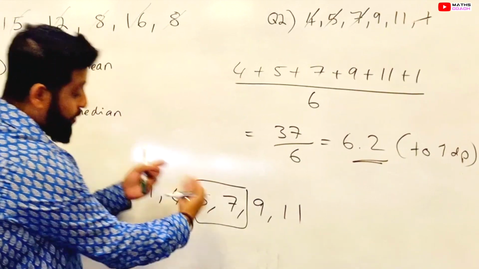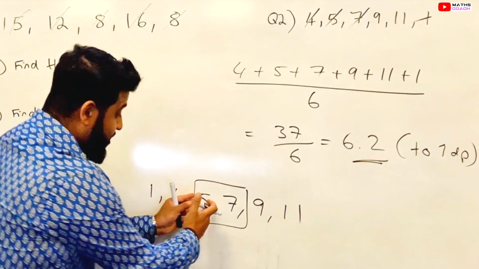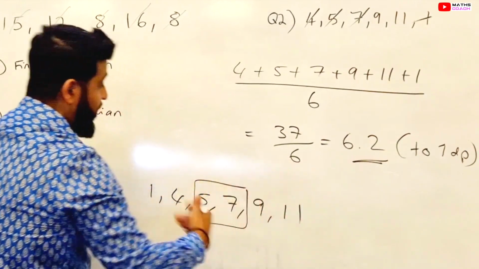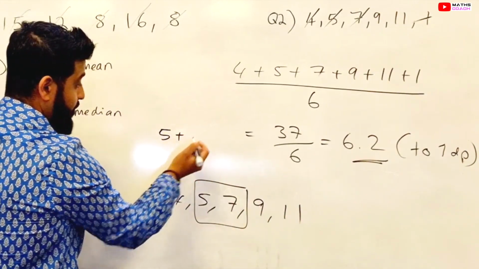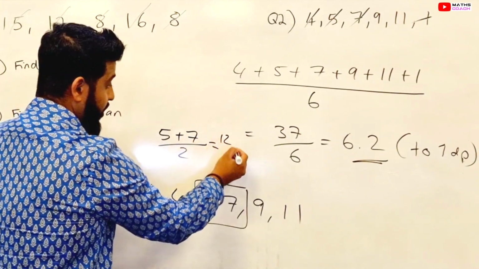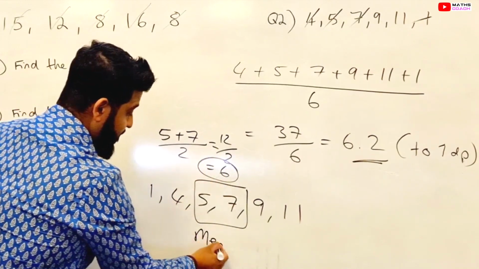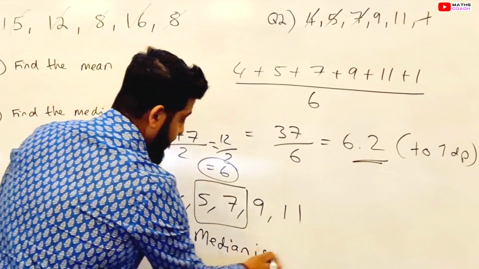So in this case, you probably worked out that 6 will be in the middle, but just in case those numbers are bigger and far apart, you still do this activity, which is to do 5 plus 7 divided by 2. 5 plus 7 is 12. 12 divided by 2 is 6. So the median is 6.